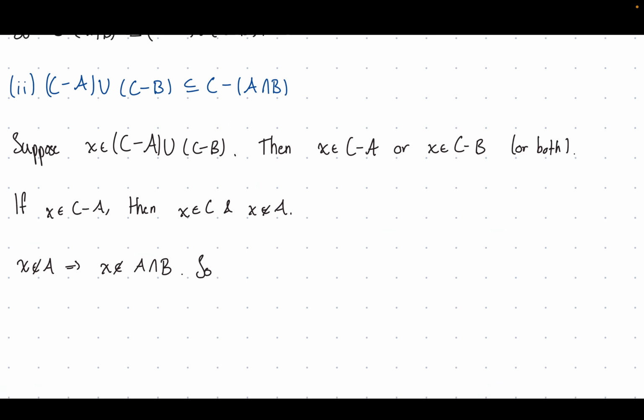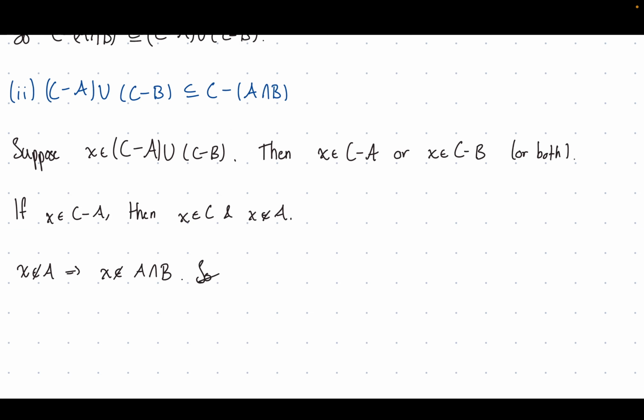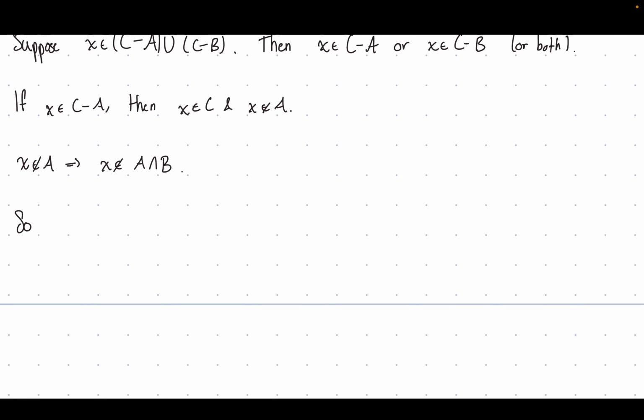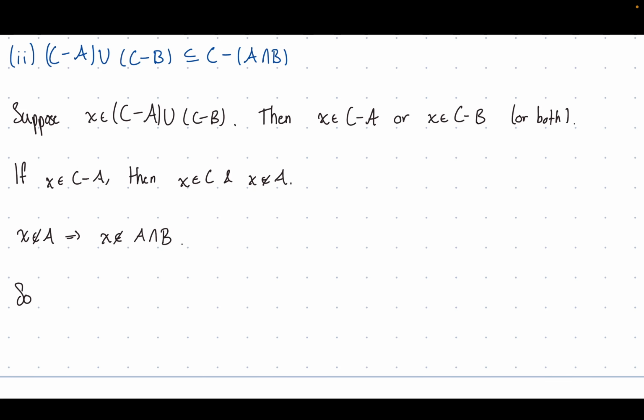Okay, let me go back. I'd rather add more lines than skip through steps. Okay, so what now? X is in C and X is not in A intersect B, which implies that X is in C minus A intersect B.